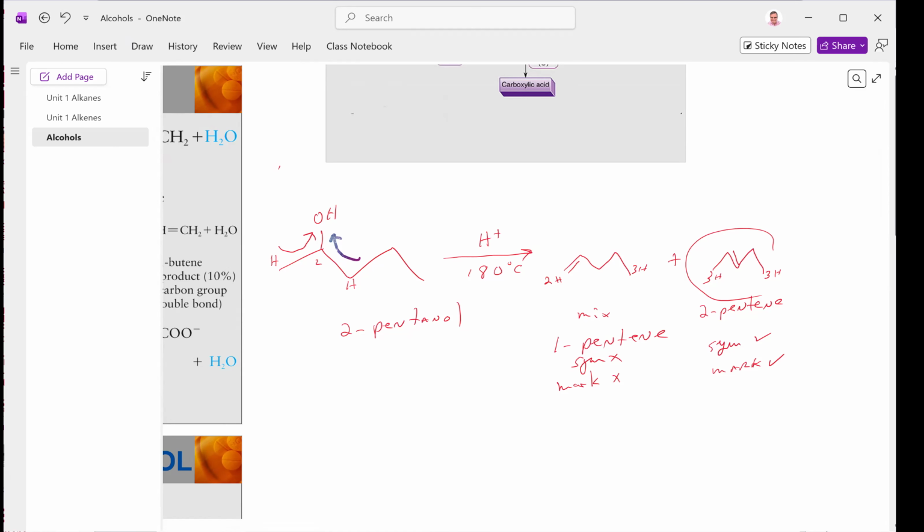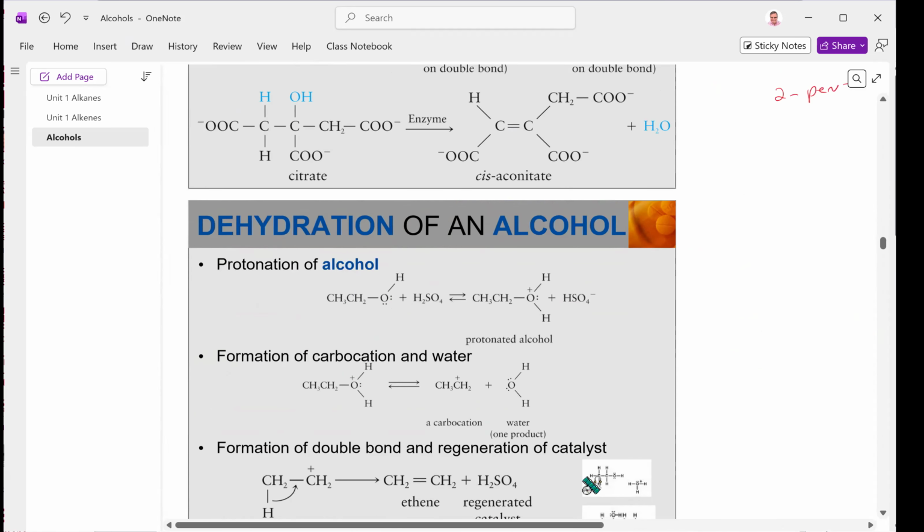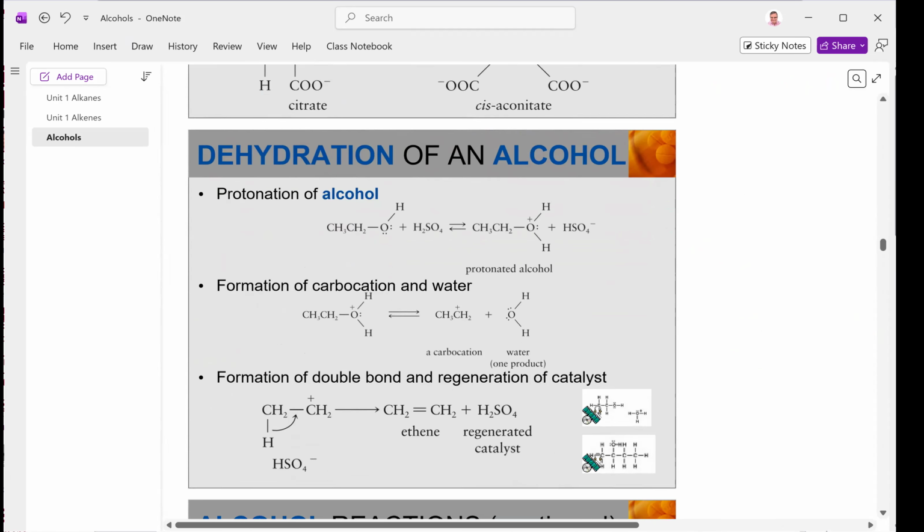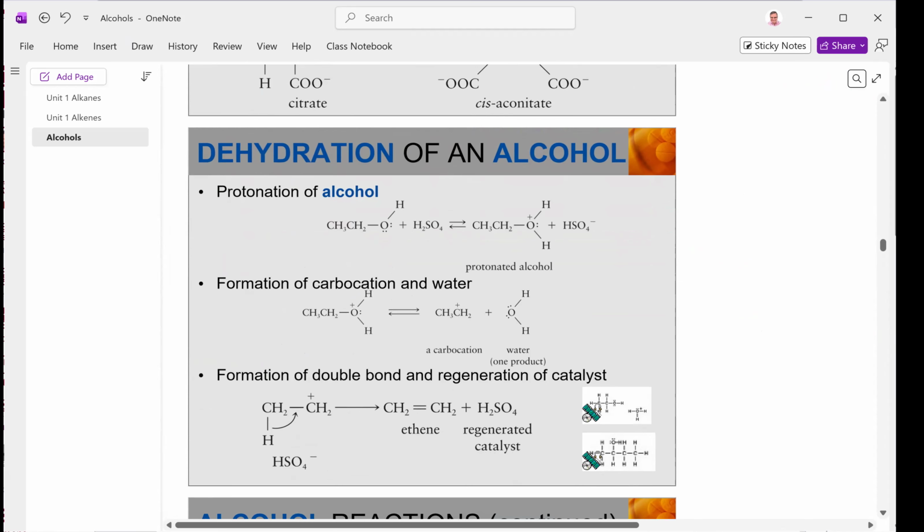Well, have you tried one of these on your own yet? Yeah, that's why it doesn't. Okay, so. All right. This is how it works underneath the covers. That's called a mechanism. We're not covering mechanisms in here.